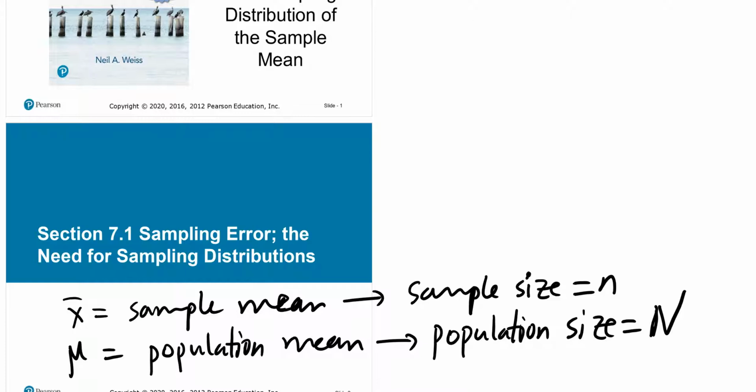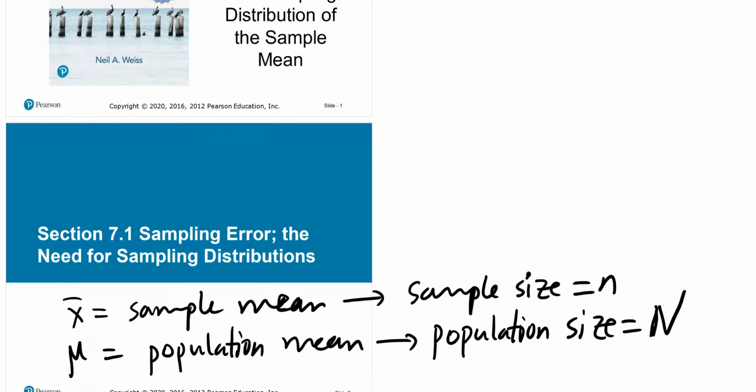What we need the sampling distribution for is this: within a population, we pick samples and we find the mean for each of these samples. Then we look at the mean for the entire population and the means for all these samples, and see how different they are.